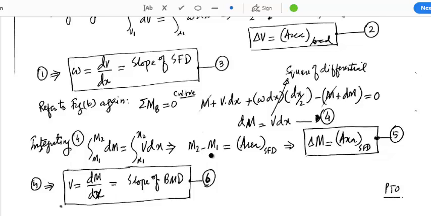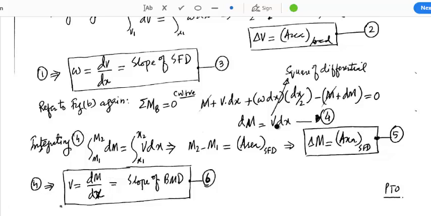What is M2 minus M1? It is the change in moment. So the change in moment is equal to the area of the shear force diagram. This is another important relationship, and let's highlight it and mark it as equation number 5. This is one of the expressions that we will be using while drawing a BMD using the direct method.